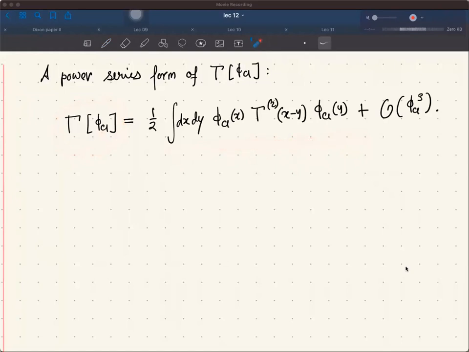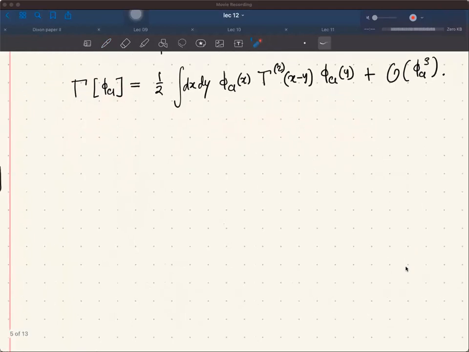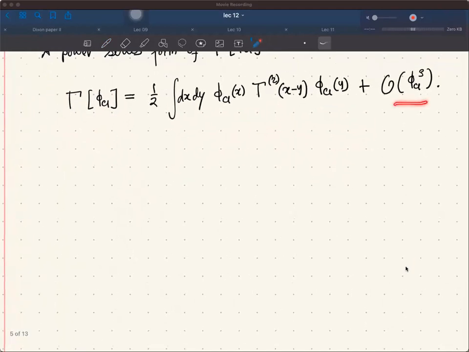Since we have chosen phi_cl equal to 0 to be the extremum of the effective potential, the first term, gamma at phi_cl equal to 0, which has been chosen to be 0, is 0, and the first order derivative is also 0. So this is the leading term, and then phi cube and so on.